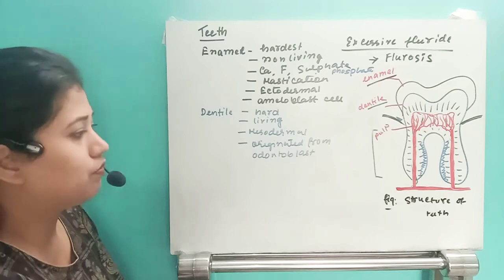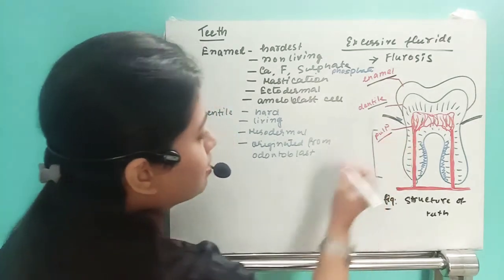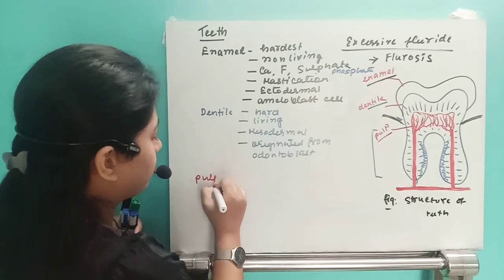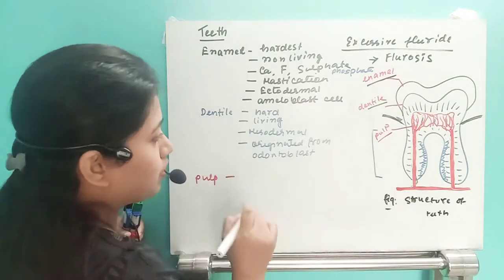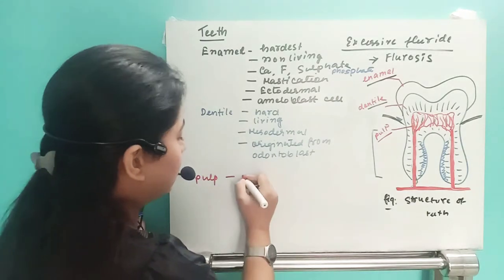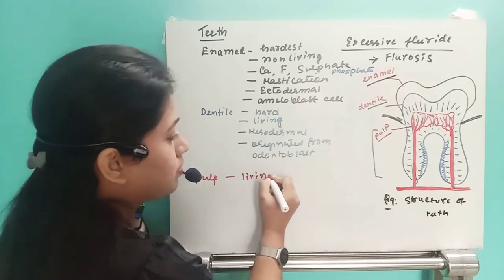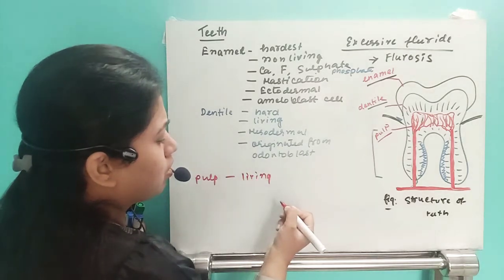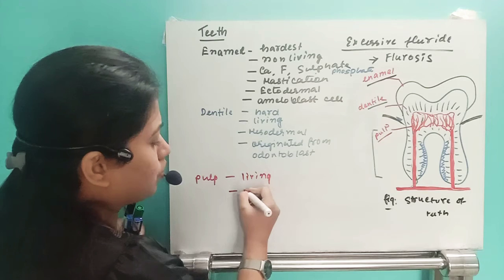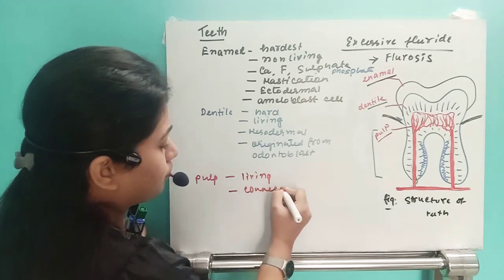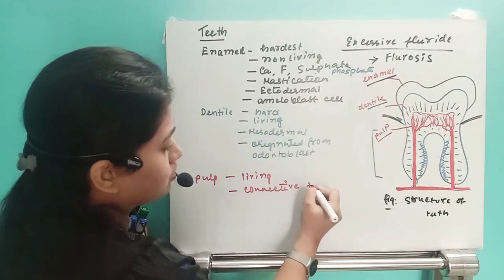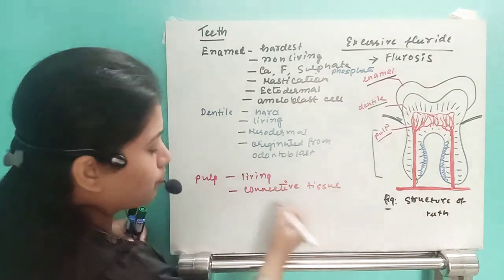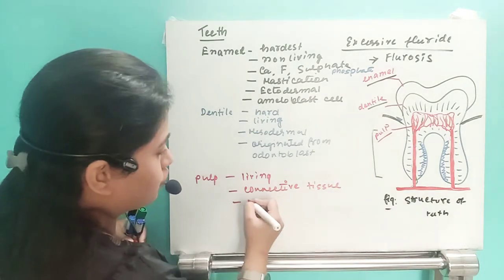And the last part is called the pulp. Remember, this is the pulp. This pulp is the living part. It has connective tissue. And what connective tissues are present?